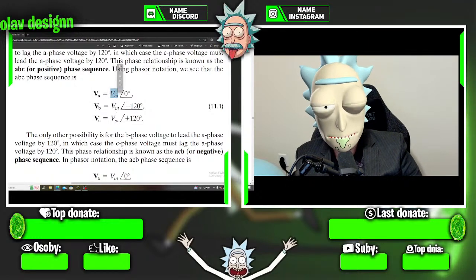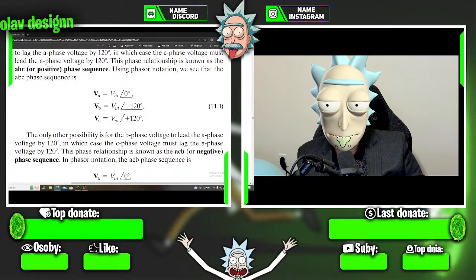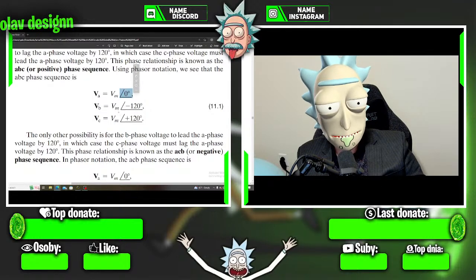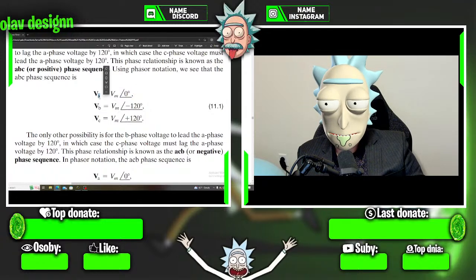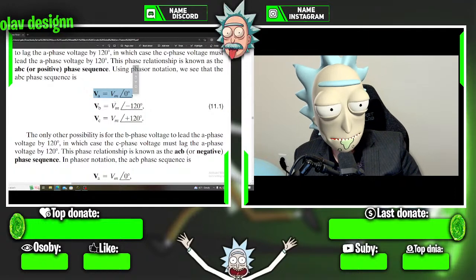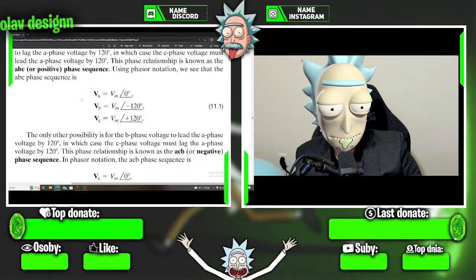The M stands for the magnitude of the voltage, the maximum of the voltage, and this angle right here is the direction. Now, you're probably wondering how this represents a sinusoidal wave. It's a little bit complicated, but if you're familiar with complex numbers and imaginary numbers, this stuff makes sense.